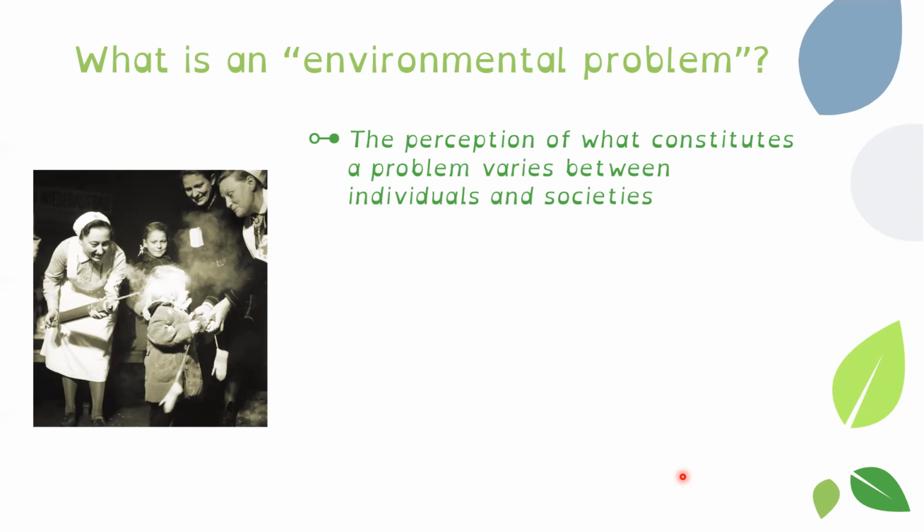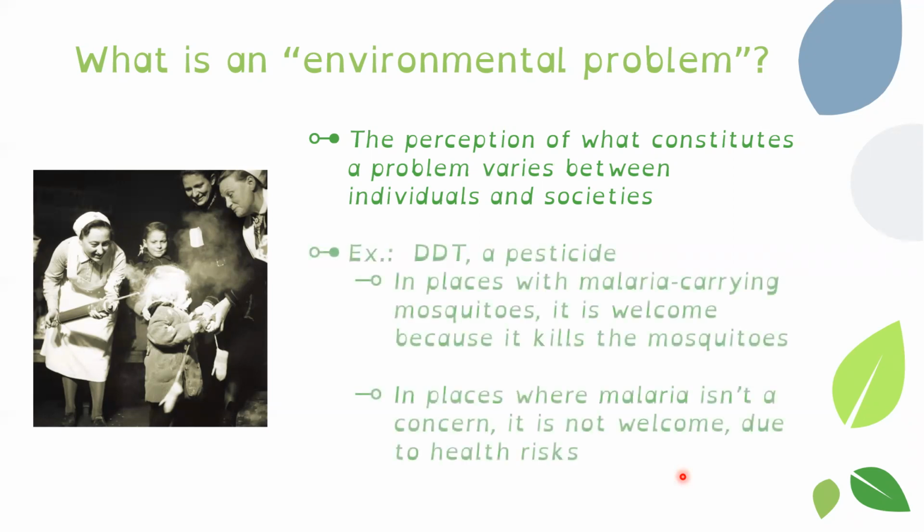But that's connected not only to the past and the future, but also to different places in the world. For example, DDT is a pesticide, which you may or may not have heard of. In places where there are malaria-carrying mosquitoes that plague people, it is welcome. DDT is useful because it kills the mosquitoes and it saves lives.